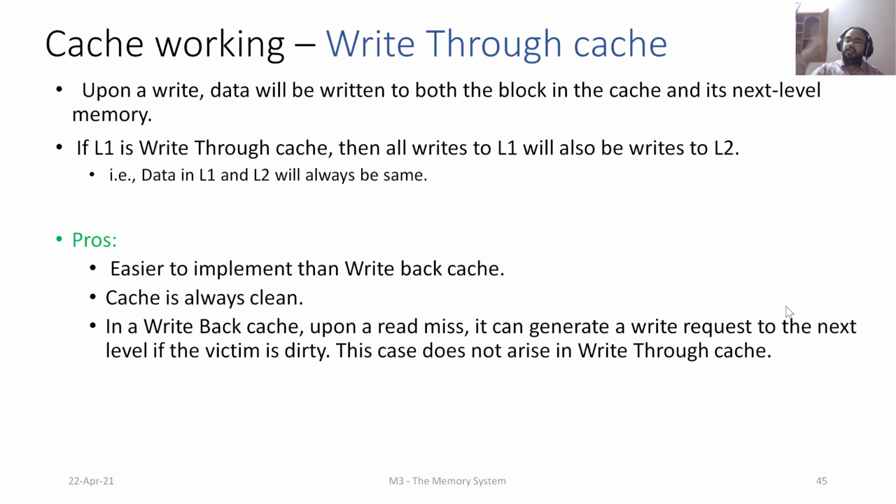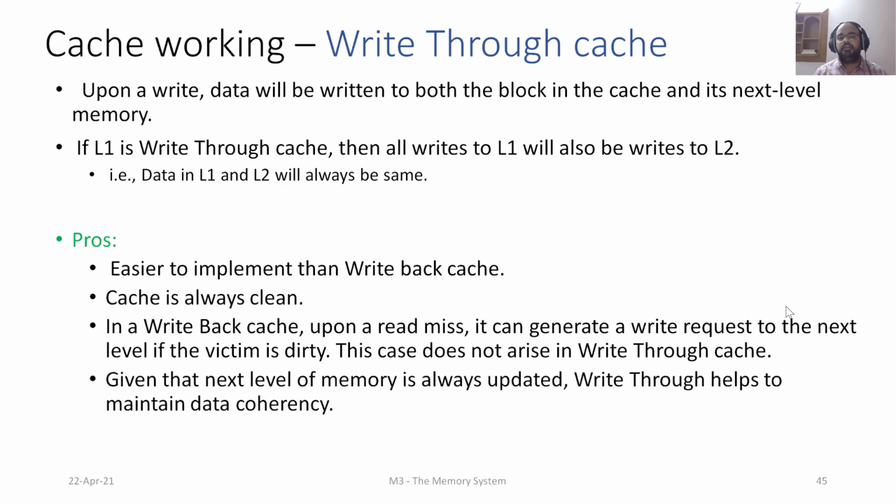It will generate a write request to L2 with this victim block's data. So L2 will see both a read request and write request at the same time. This can potentially have some impact on the read latency, but because we employ write buffers and in general we prioritize reads, this need not affect the read request much.